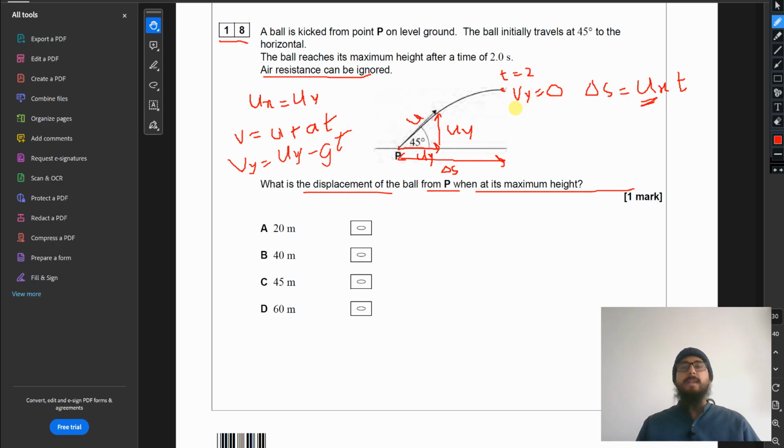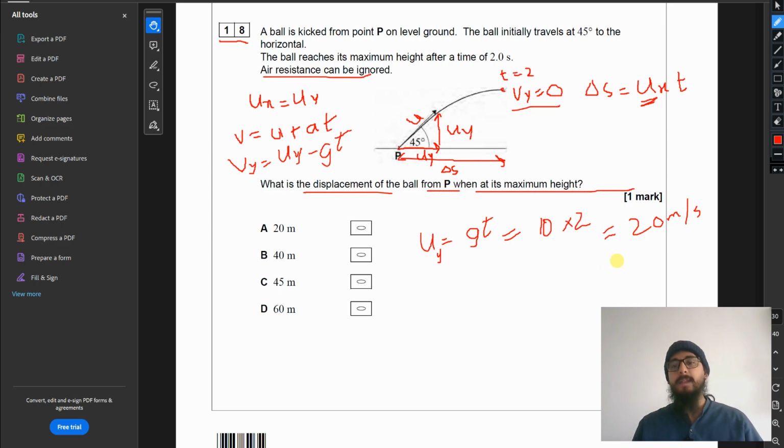Since vy is 0, uy is going to be equal to gt, and g is 10, t is 2. So the answer for uy is going to be 20 meters per second. So the vertical component of the initial velocity is 20 meters per second, and this vertical component is equal to the horizontal component as we discussed earlier. So ux is equal to 20 meters per second.